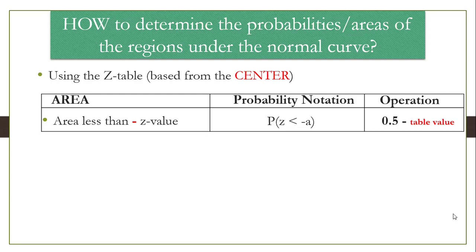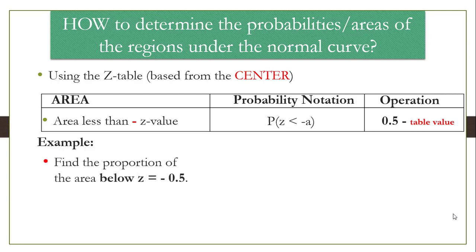To show that, let us have an example. Suppose we have to find the proportion of the area below Z equals negative 0.5. We have the probability that Z is less than negative 0.5 is equal to 0.5 minus the table value of Z equals negative 0.5.